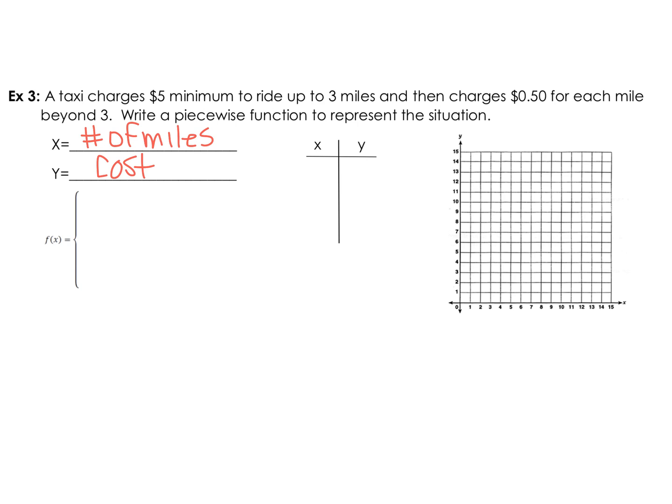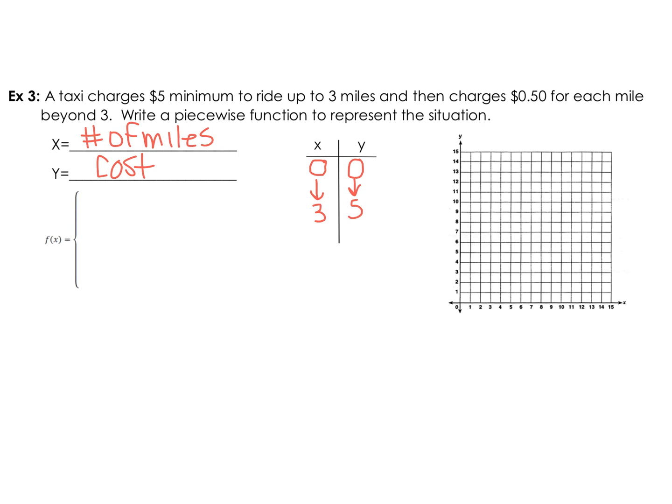Notice that a taxi is not going to charge you at 0 miles. So when your x value is 0, number of miles is 0, your y is going to be 0. But then as you get in the taxi and you go up to 3 miles, you just have a flat fee of $5.